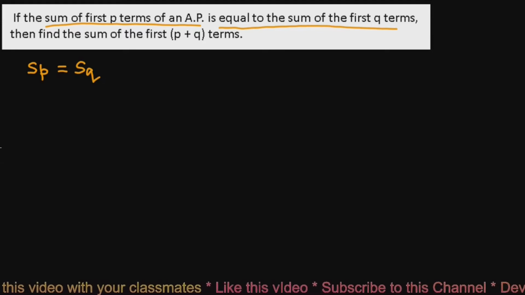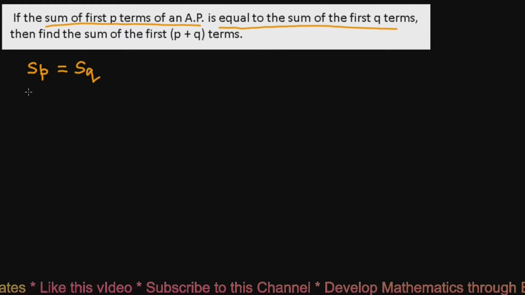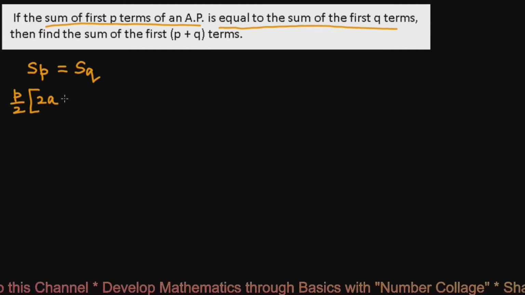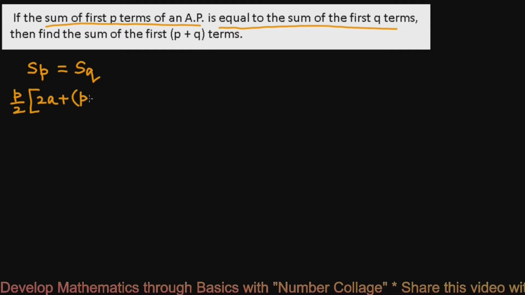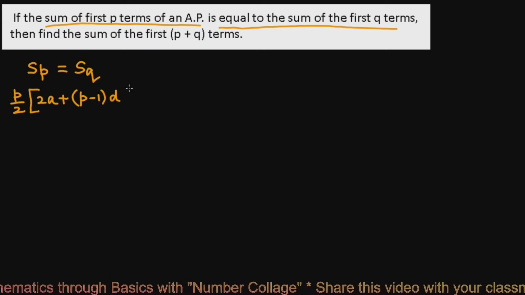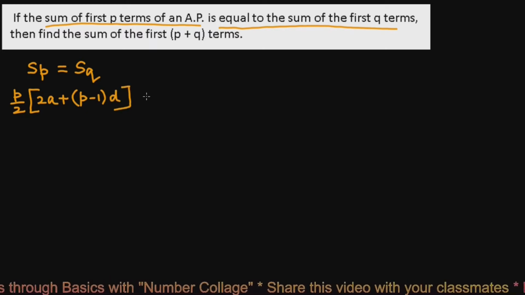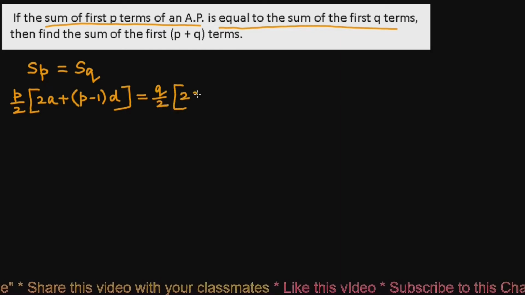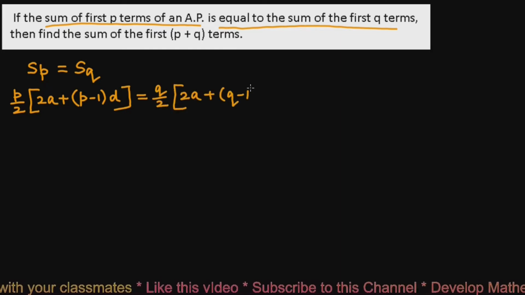So by using the formula, we write for Sp: p by 2 into (2a + (p minus 1) into d), where a is the first term and d is the common difference, which equals q upon 2 into (2a + (q minus 1) into d).